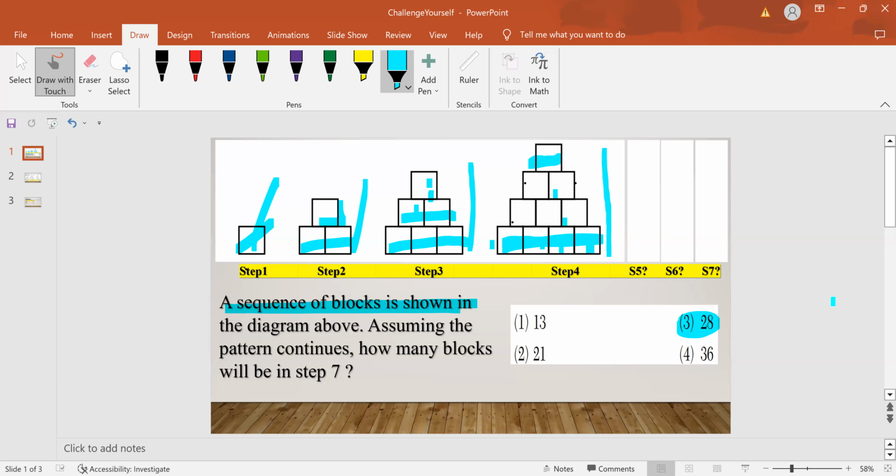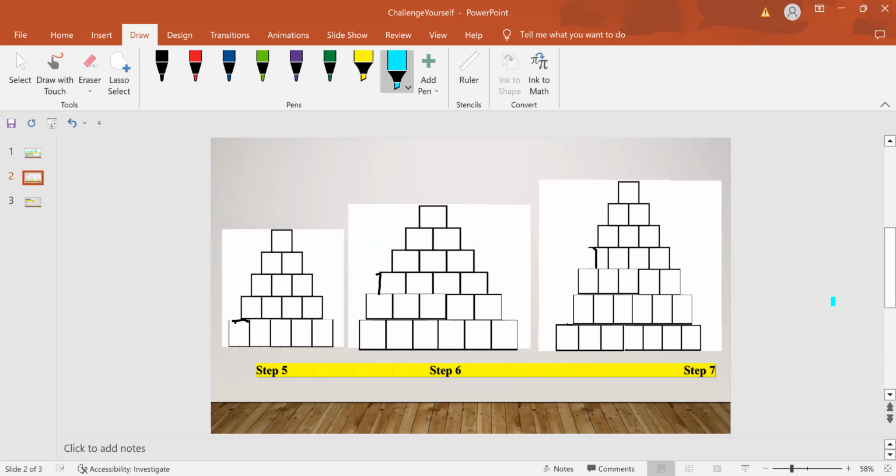Therefore, what do you think is going to be step 5, step 6, step 7? The answer is here. Step 5, we have 5 blocks below. After that, we have 4, 3, 2, 1. Step 6, 6, 5, 4, 3, 2, 1.